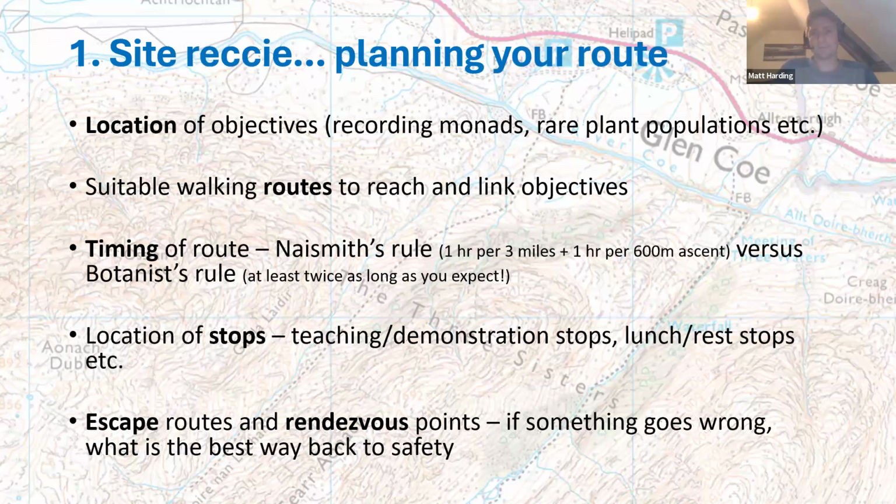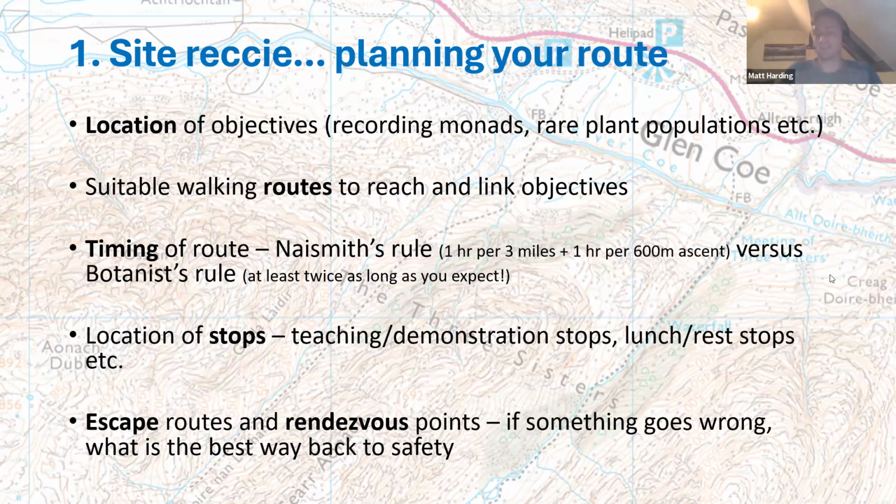But of course, as botanists, you'll know that that is nonsense because you'll be stopping and looking at absolutely everything. So you can times it by at least 2. So always when you're thinking about the timing, building redundancy, it's really important to think about the route timing, because if you have a high level objective that's at the far end of your day, you might be best off going to that first, walking past all of the exciting flora and the empty monads and whatever it is, and go there first, because only then will you know how much time you've got left and you can be adaptable on the day.